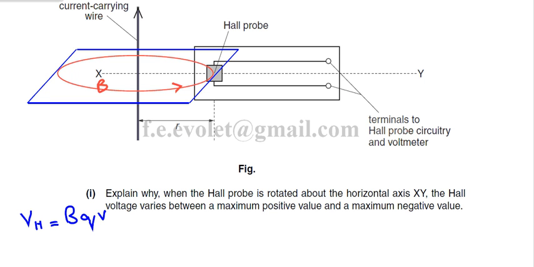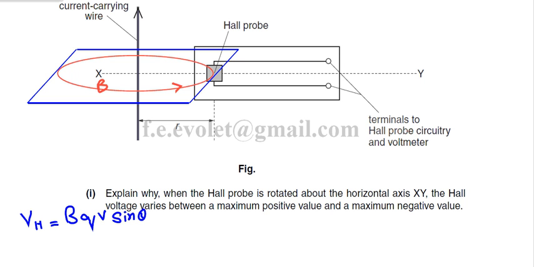But this is actually a simplified formula, because in all such derivations we assume that the plane of the Hall probe is always perpendicular to the magnetic field, so sine theta is always 90. If it's not 90, we should write it as sine theta. So none of the quantities in BQV is going to vary.